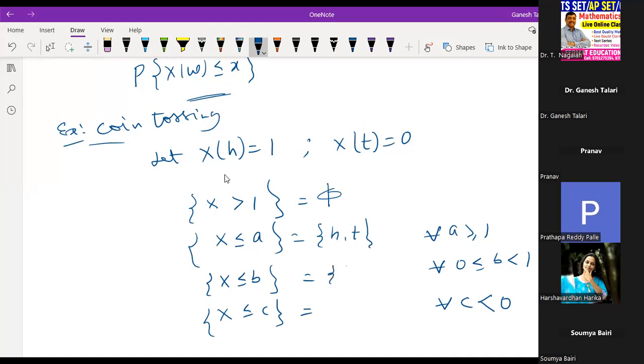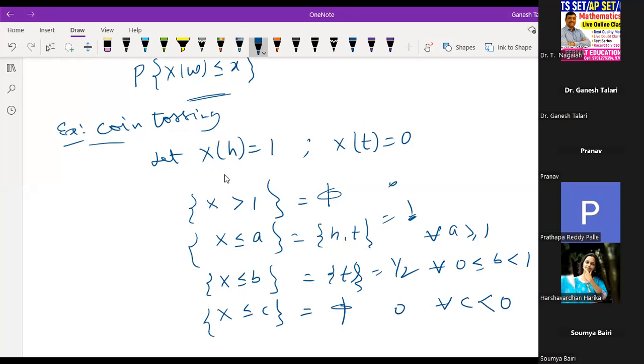Simple, it is T, and this is null. Means that you can get it is 1, this is 1 by 2, this is 0, this is also 0. Means that your distribution function starts from the extreme case where it is 1, in between it is a half, and otherwise on the negative side it will be 0, simple.